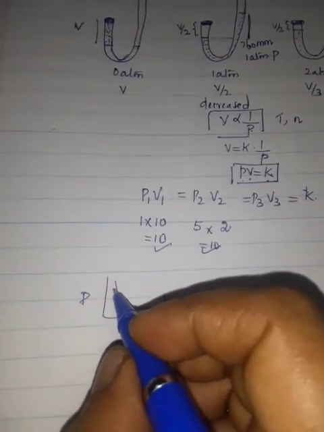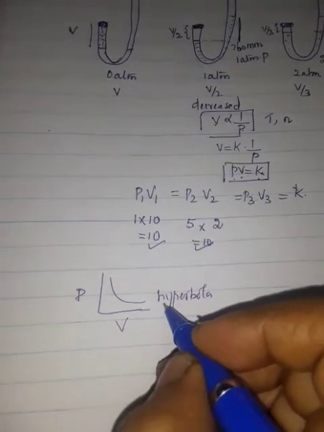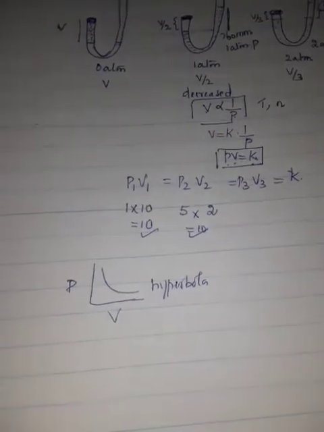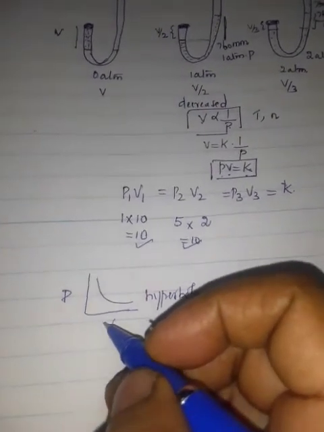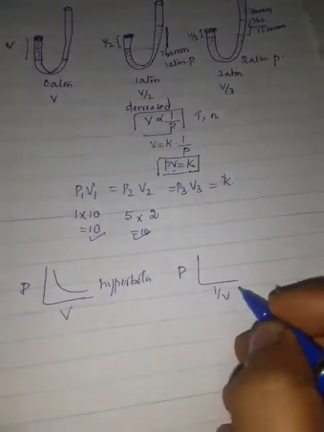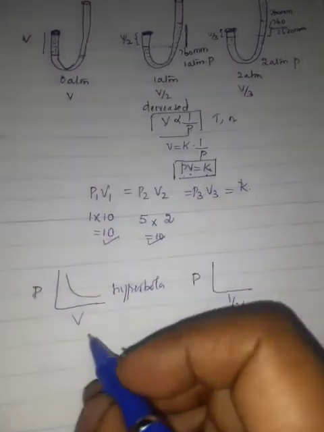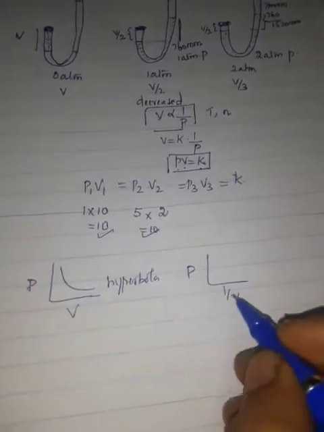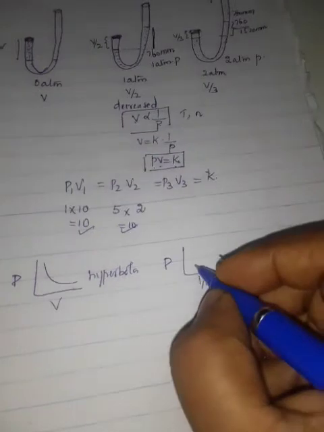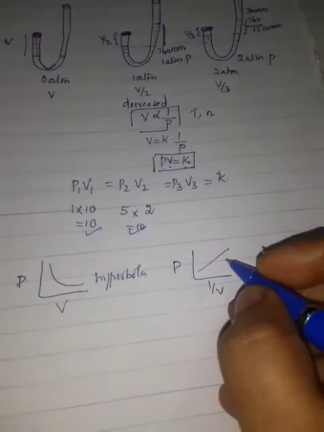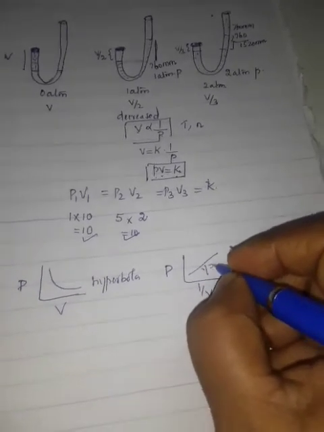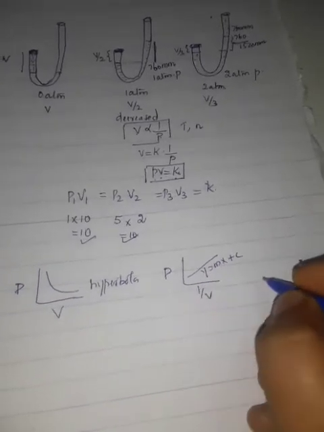When pressure decreases, volume increases. This is somewhat difficult to learn, so to make it easy to understand, he again plotted pressure versus 1 by V. Inverse of V means, if he is plotting 10, 20, 30, inverse means 1 by 10, 1 by 20, likewise. So he got a straight line. Already you know the straight line has the equation y is equal to mx plus c. This is easy to learn.